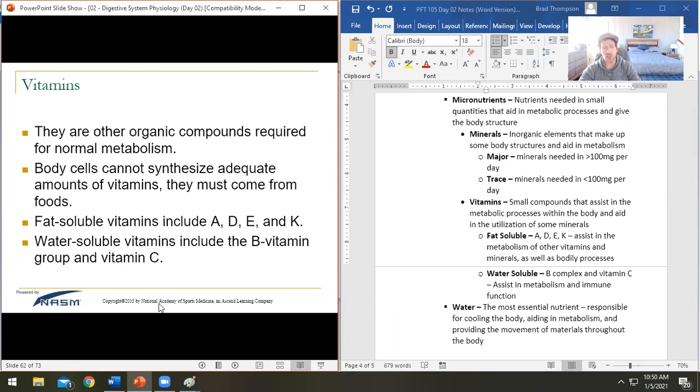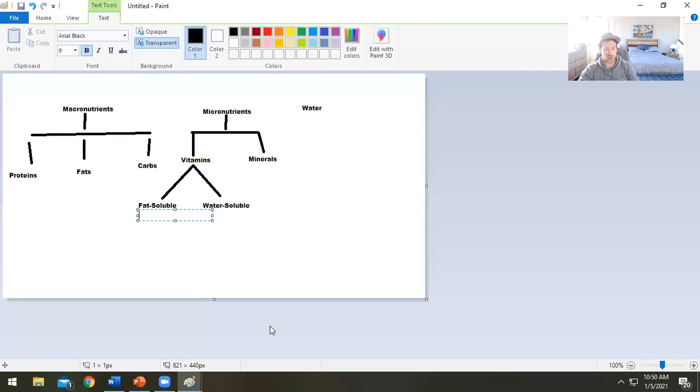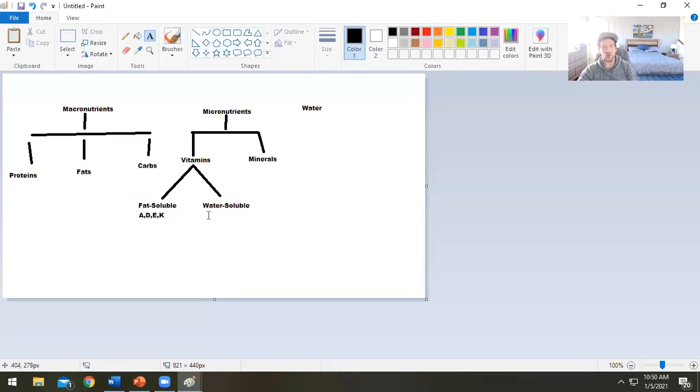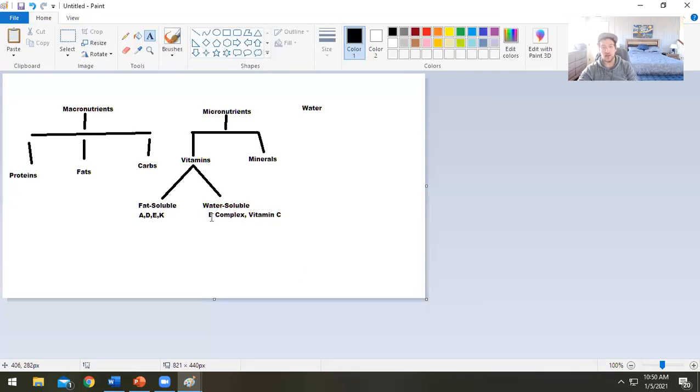That's why they are an essential nutrient. So the 2 main categories, like I said, you've got fat soluble, which are vitamins A, D, E, and K. Remember ADEK, right? And then your water soluble vitamin is your B complex and vitamin C. So vitamin C is water soluble, and you've got vitamin B6, vitamin B12, B4, B2, B1, all of those are water soluble vitamins.